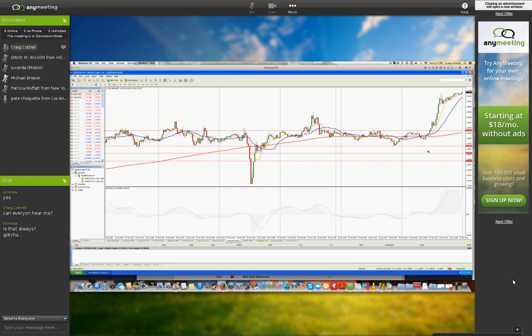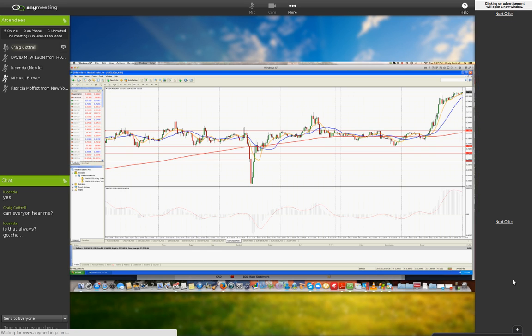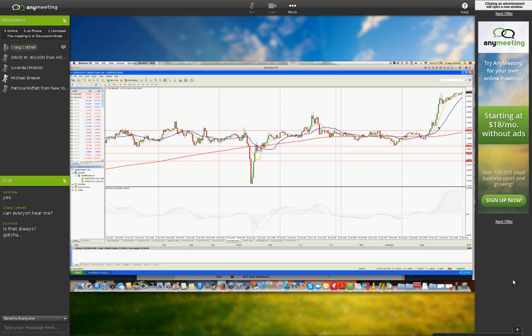So understanding the news, understanding how to interpret it, when it's being released and what currencies to watch for is a crucial part of trading. This gave us over a 100 pip move this morning. It was beautiful. Now we didn't take all 100 pips, but we made some nice gains based on this one trade alone.